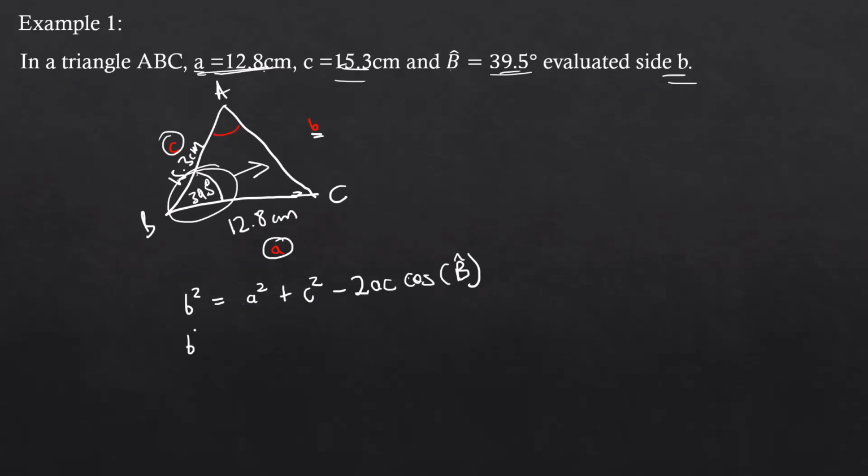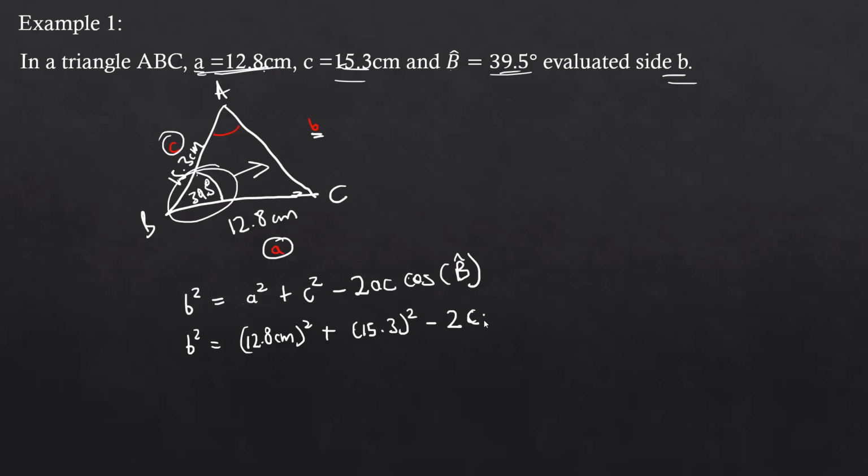So we're solving now. So b squared is equal to, let's plug in our values. So a is 12.8 centimeters, and trust me, this is going to take a bit of time because the cosine rule, like I said, is a bit longer than your sine rule, so it takes a bit longer to plug in all these.